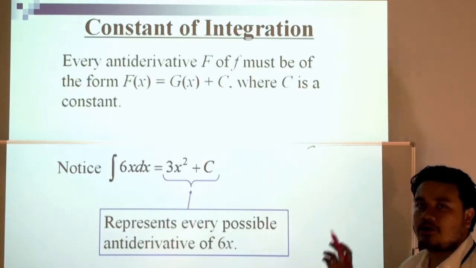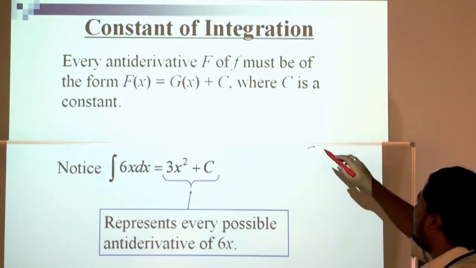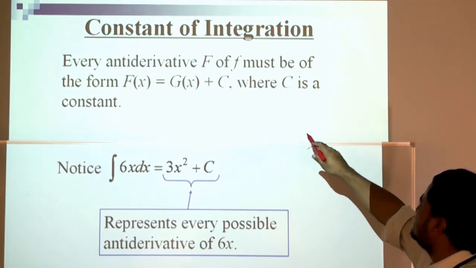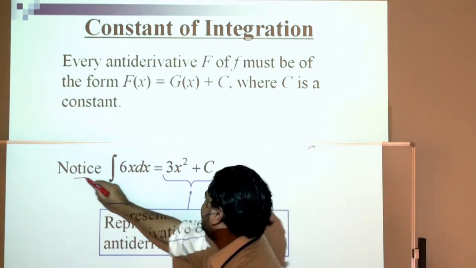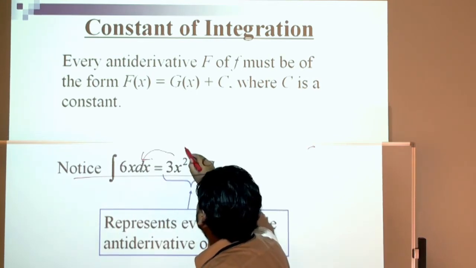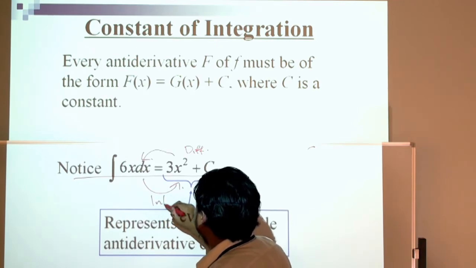Let's move on. The constant of integration. Every antiderivative, capital F, of f must be in the form F(x) equals G(x) plus c, where c is a constant. Notice from our example before, instead of going that way for differentiation, we go this way for integration.